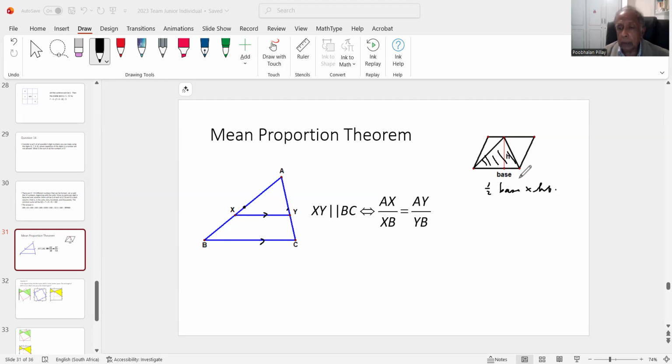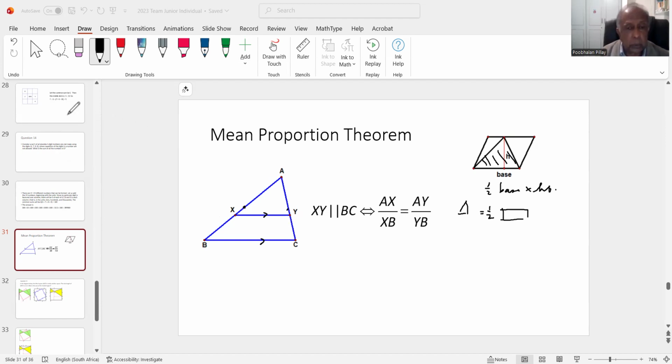But the area of a parallelogram is base times height. So the area of the triangle is half the area of the parallelogram. So whenever you've got a situation like this, you must know that this area is half the area of the parallelogram. As you can see, the formula tells you why.